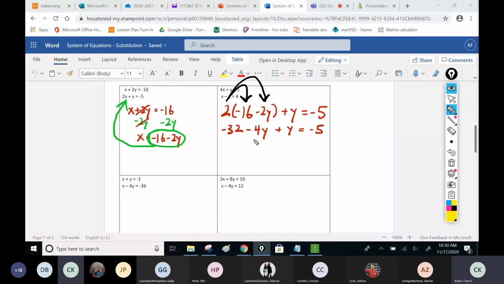And then we'll combine the like terms. So right here, there's a negative 4y, and then there's a plus y right here. We will combine them. So negative 32 minus 3y equals negative 5.